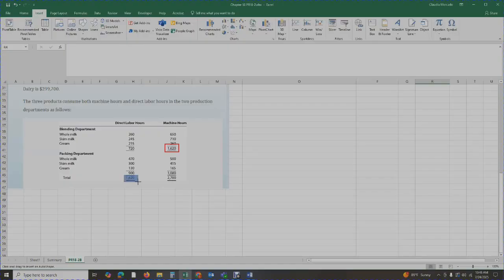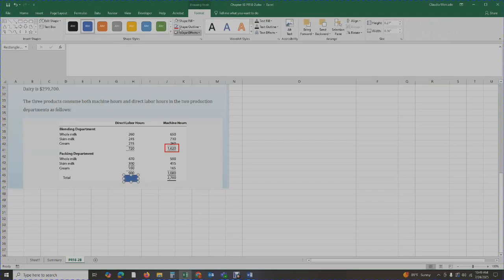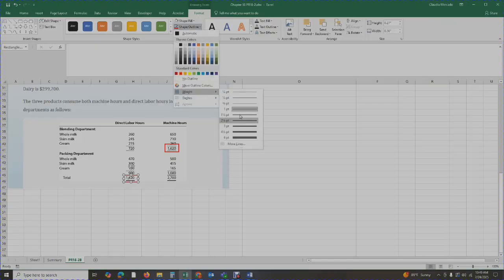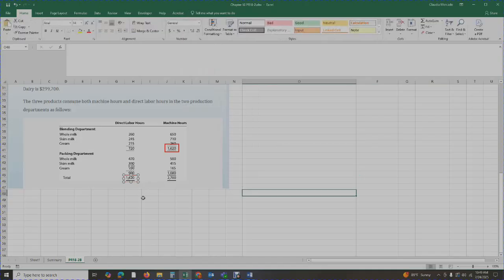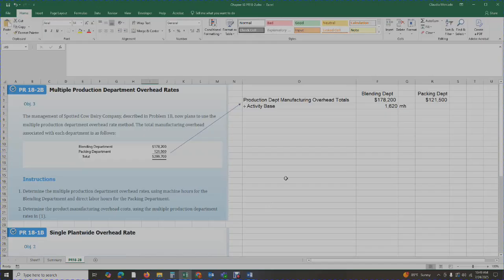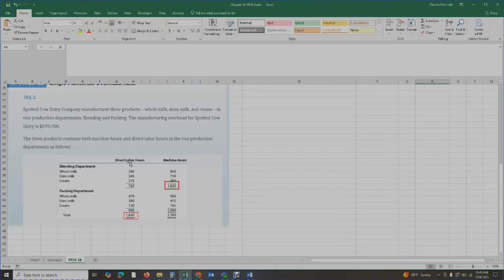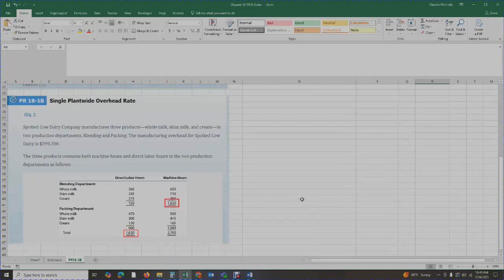The problem says to determine the multiple production department overhead rates using machine hours for the blending department, and direct labor hours for the packing department.